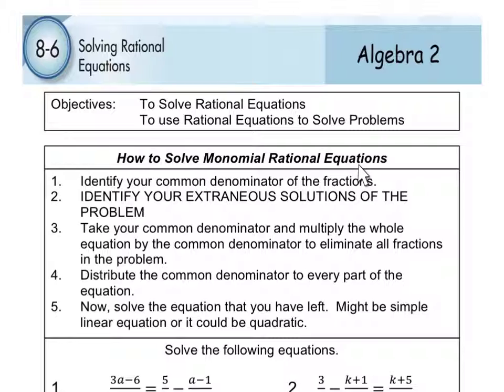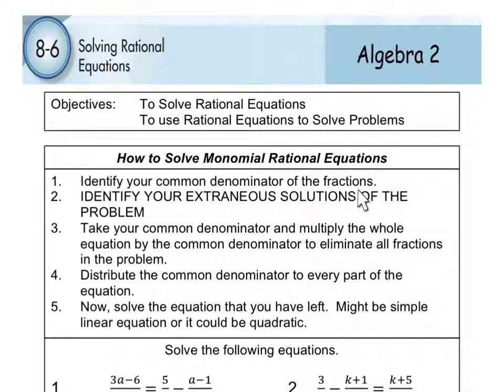These are the steps to go through to solve rational equations. They are different than rational expressions because now we're going to throw an equal sign into our problem. First step, we look at our fractions and identify a common denominator. That's the very first thing we have to do, and it's very important.